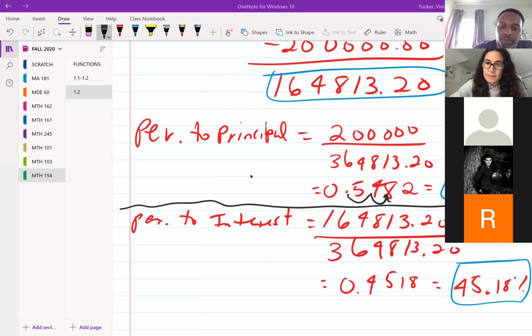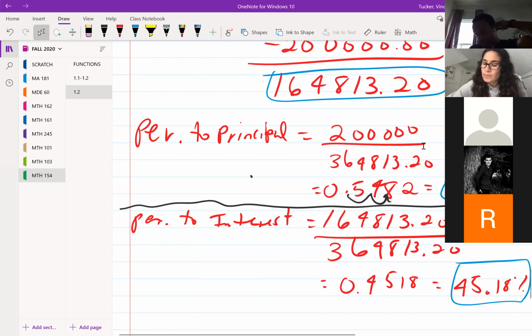So I'll make sure to put that in my math lab to make sure. Yeah. So they wanted 54.8 and 45.2. But just watch the directions. Make sure that you adhere, because if they decide to put 3 decimal places, and they ask you for that, then you should be okay with doing that as well. So. Okay.